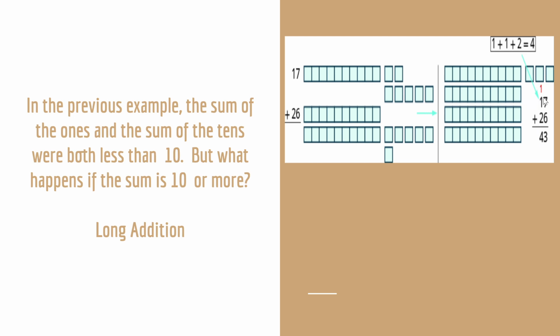So we write 17 plus 26. 7 plus 6 is 13, so we write 3 in the bottom and 1 in the top. And we add 1 plus 2 plus the 1, so it's 4. So we know that the answer of 17 plus 26 is 43.